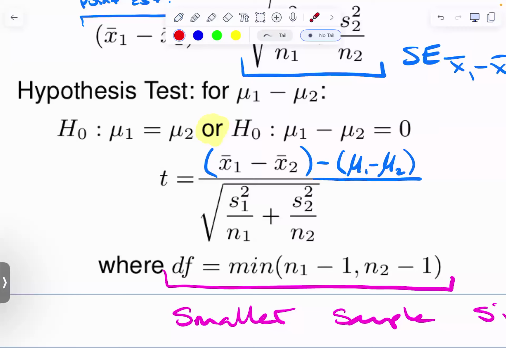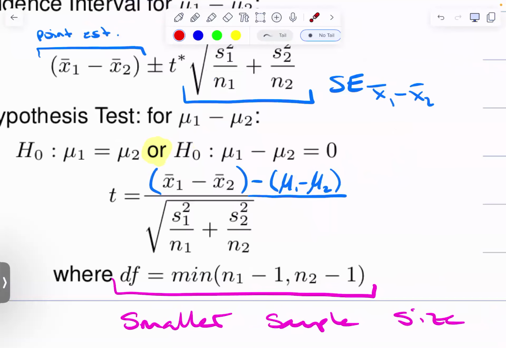But if we're assuming that mu1 minus mu2 is equal to 0, which we have to do, then that's why it's not on the formula sheet, because it's always just going to be minus 0. So how far is the difference in our means from 0, taking into account the standard error of the point estimate.